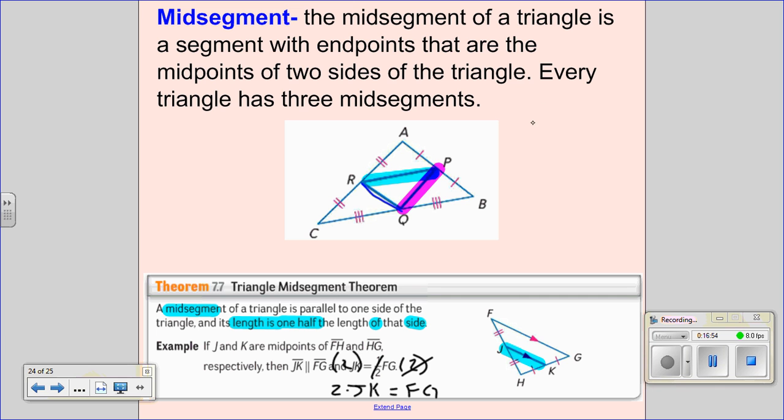So the summary version: midsegment is equal to half the parallel side, or you could say parallel side is equal to 2 times the midsegment. That's a summary of what just happened in Theorem 7.7. So let's practice this.